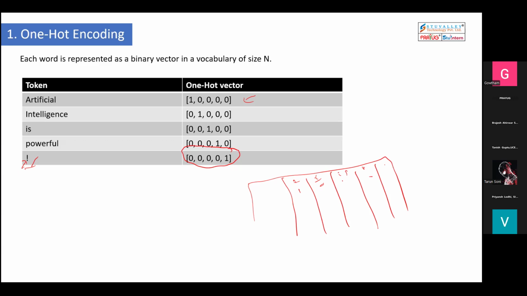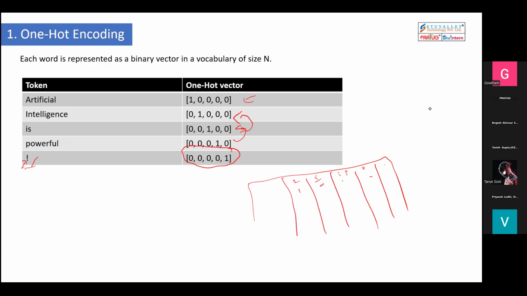It's not representing any relationship between the words. So this is the drawback of one hot encoding, guys.